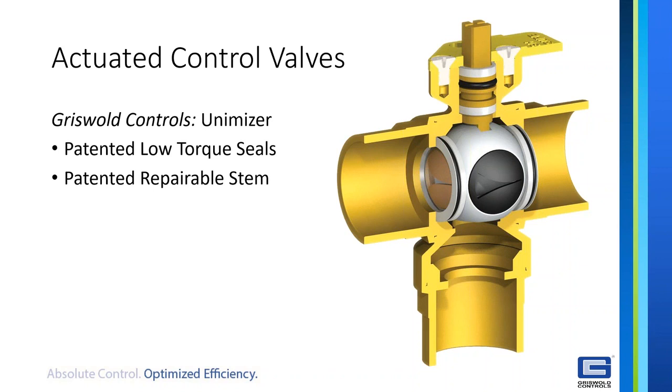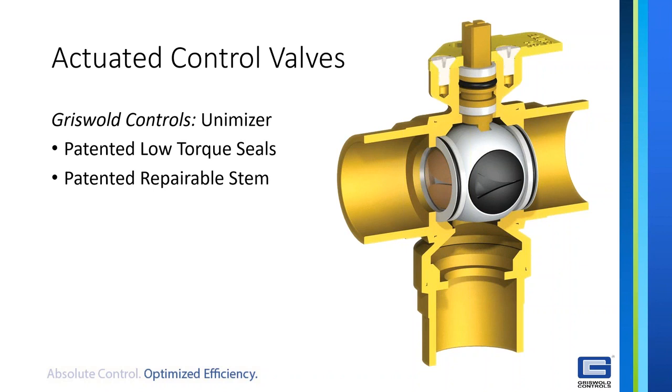And so this is our patented repairable stem, and we launched it in 2007, and I'm proud to say that we still don't really sell any of these repair kits. So it's a very robust design, which is good. We talked about the actuator being the first thing to fail on an actuated valve. The second thing that would potentially fail would be the stem that's cycling.